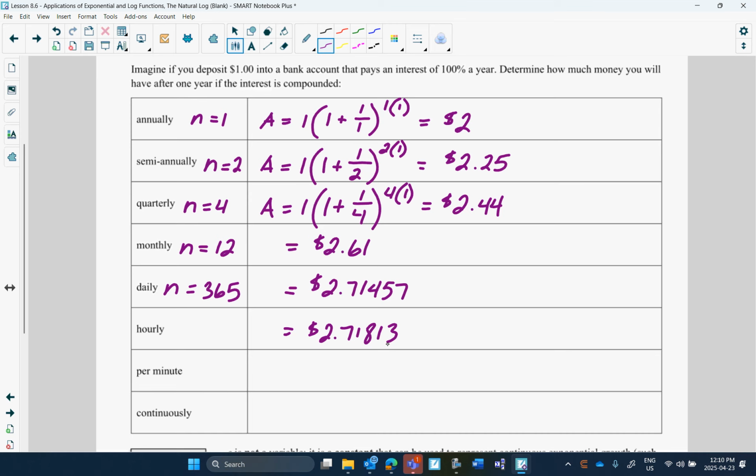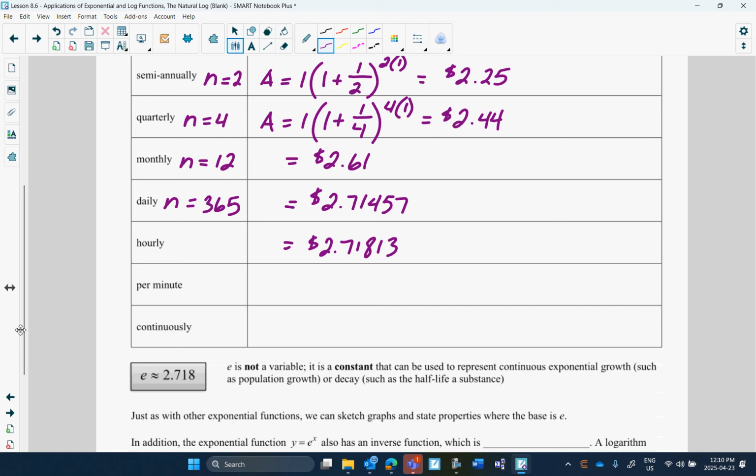Per minute. This times 24 times 60. An even bigger number. You get $2.71828. That didn't grow by much at all.